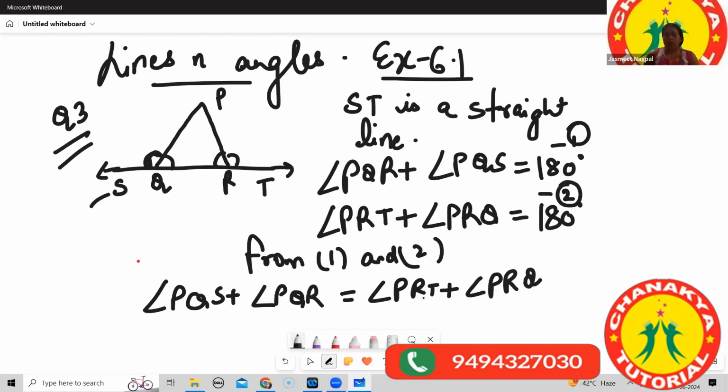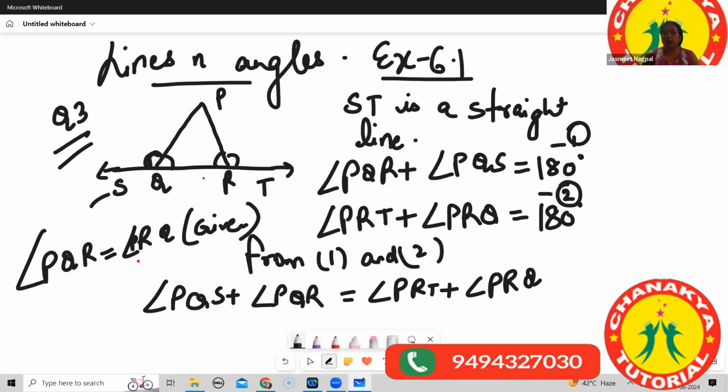After that, you know PQR is equal to PRQ. See the question again. This is given in the question. PQR is equal to PRQ.